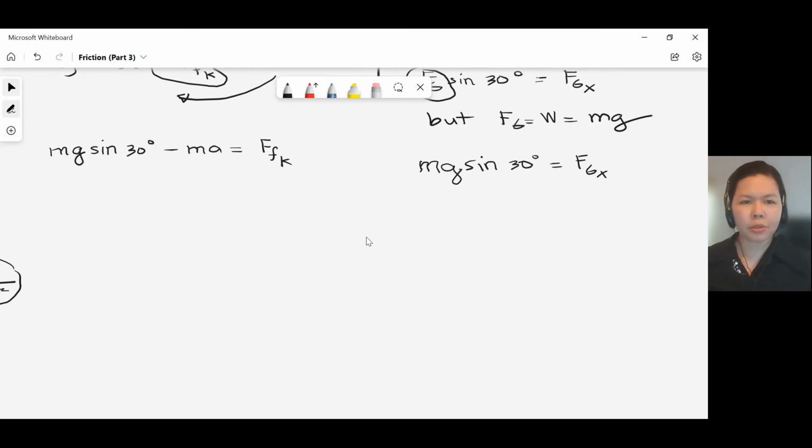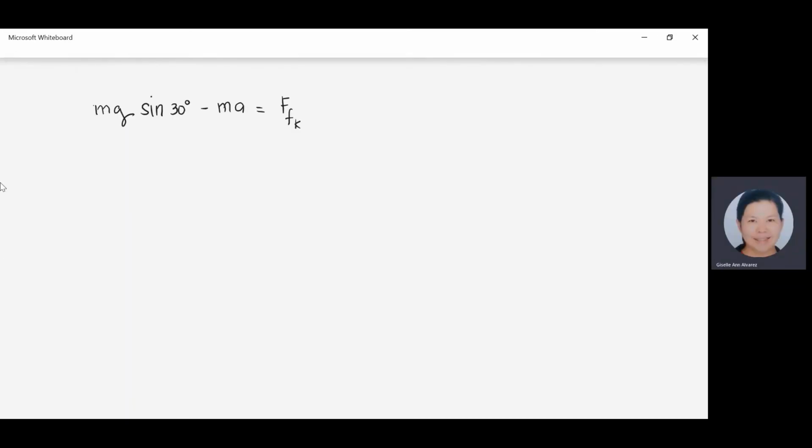We now substitute the values. Substituting now the values, we have mass is 100 kilos times g, 9.8 meters per second squared. This is positive because mg is our weight. So again, the sign of g has been taken care of in the free body diagram.